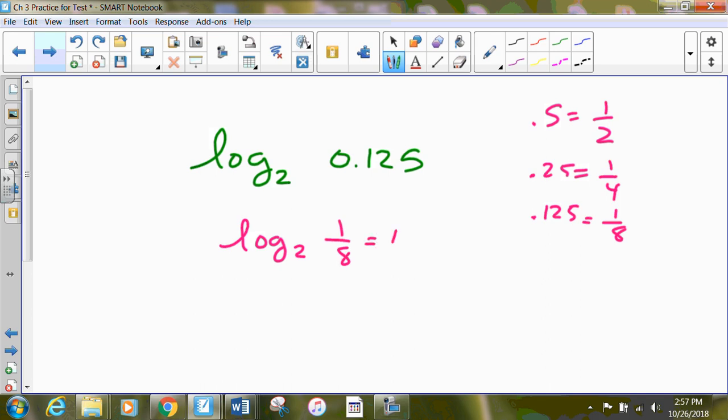And then I'm going to set up my little box and say, hey, 2 to the what gives me 1/8. My 2 dropped down to the denominator, so the negative is at play. And I know 2 times 2 is 4 times 2 is 8. So 2 cubed is 8. And once again, my answer is -3.